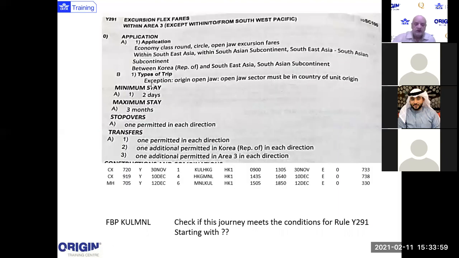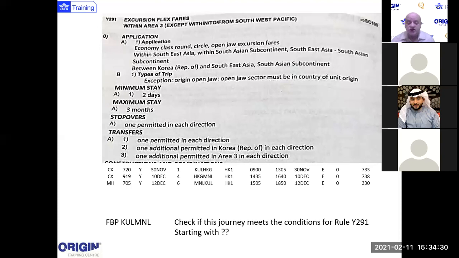Okay, here we have a journey, and it's an excursion flexi fare within Area 3. Fare breakpoint is Kuala Lumpur to MNL. Where's MNL? Manila. If I get a question on a restricted fare, it's a good idea to start with what?